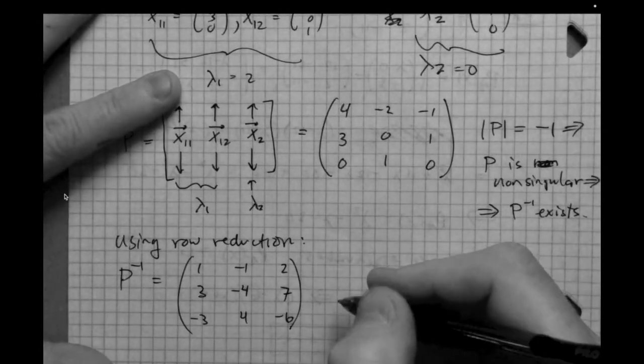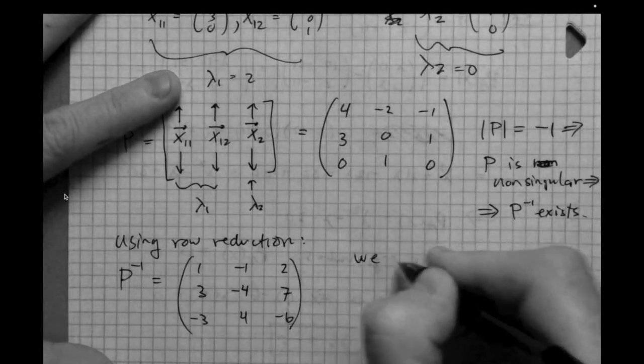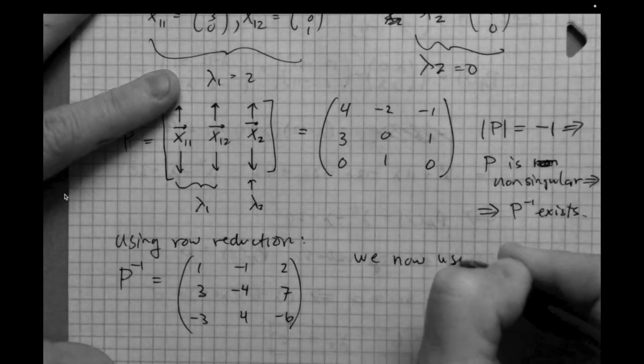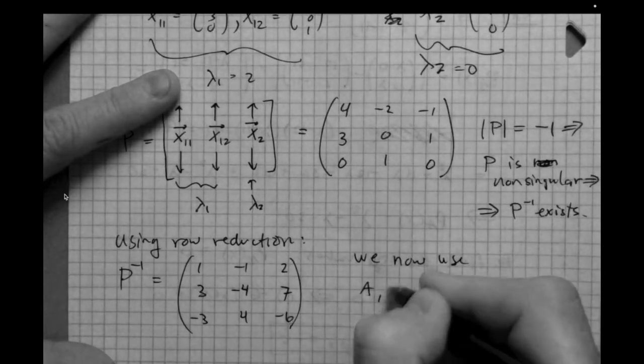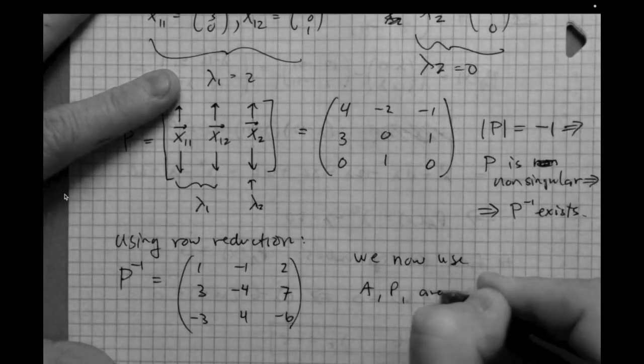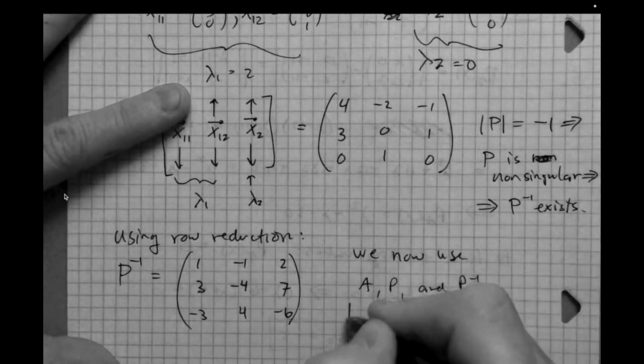So what we can do is we can now use A, P, and P inverse to compute a diagonal matrix.